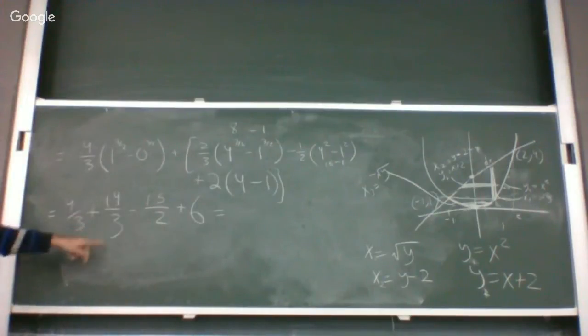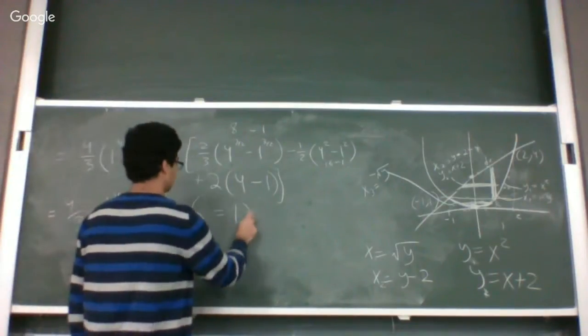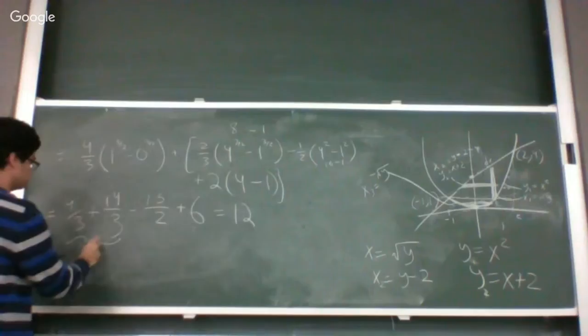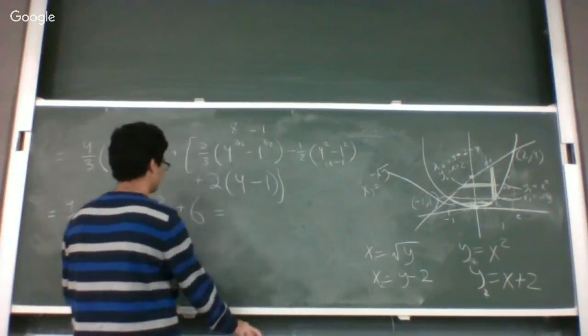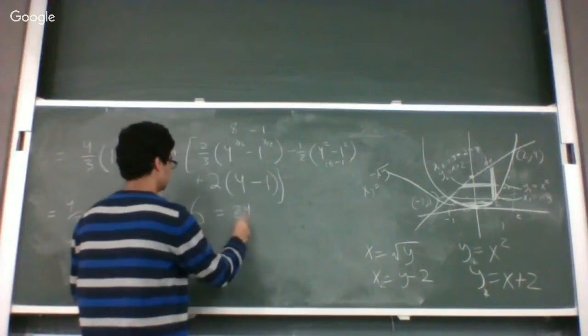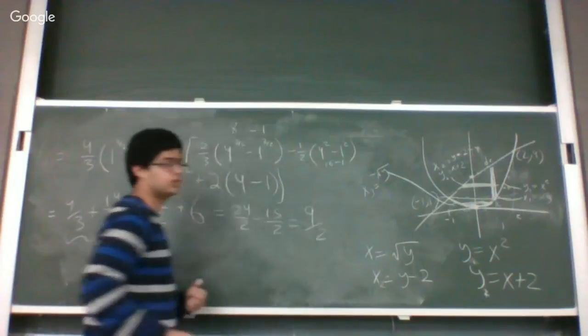This gives us 18/3, which is a 6. So we have 12. Or we can say 24/2 minus 15/2, which is 9.